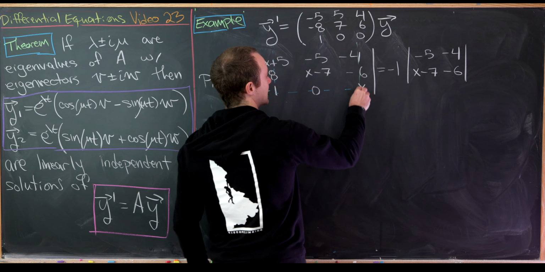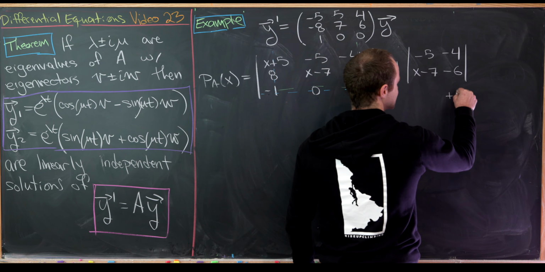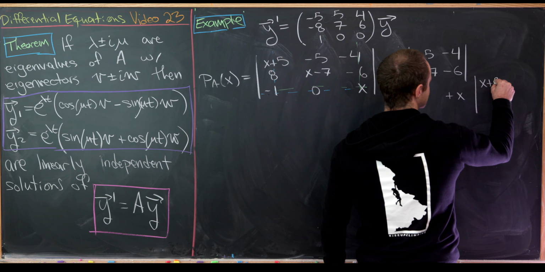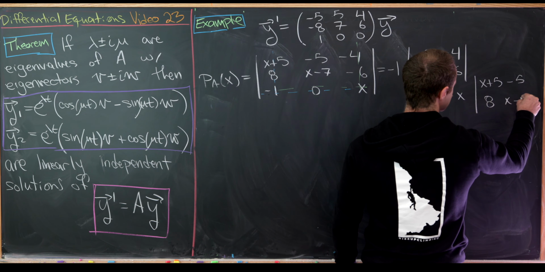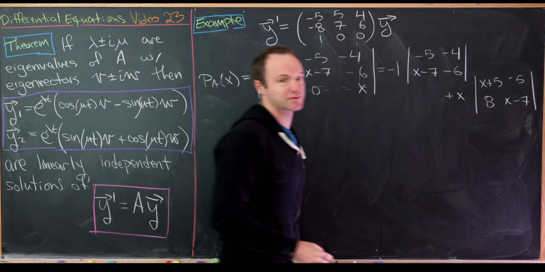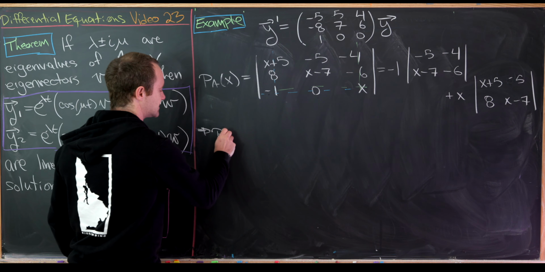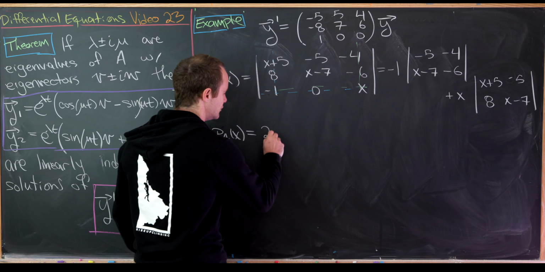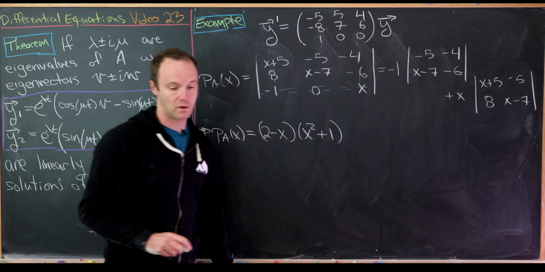That's also going to be attached to a plus sign. So we'll have plus x times the determinant of the submatrix, which is x plus 5, minus 5, 8, and x minus 7. I won't work out the details. This is just really symbolic arithmetic. But what we'll end up with is p of x is equal to 2 minus x times x squared plus 1.